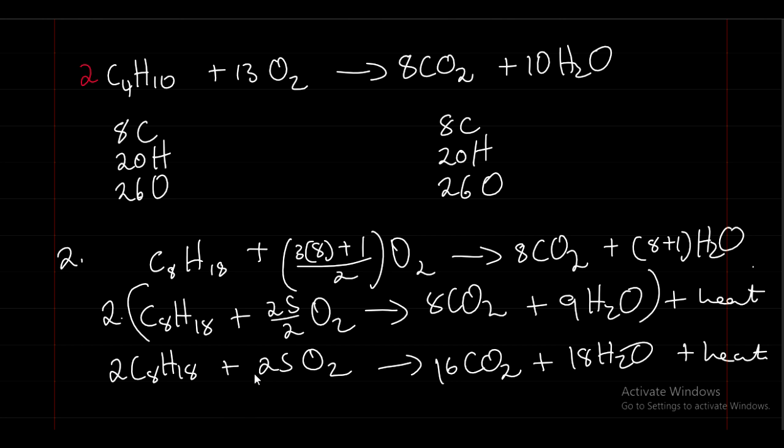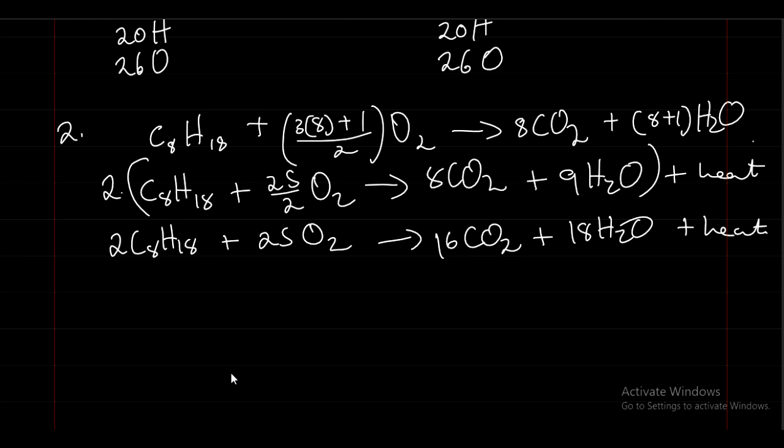So now let's check if our equation is balanced. Here I have 2 times 8 on the left, which is 16 carbons. Also on the right I have 16 carbons. Okay, and then what about hydrogens? 2 times 18 is 36 hydrogens.